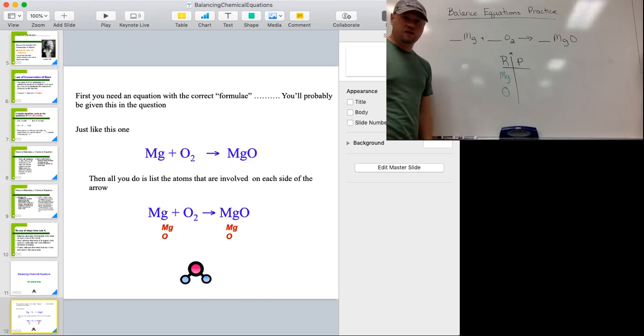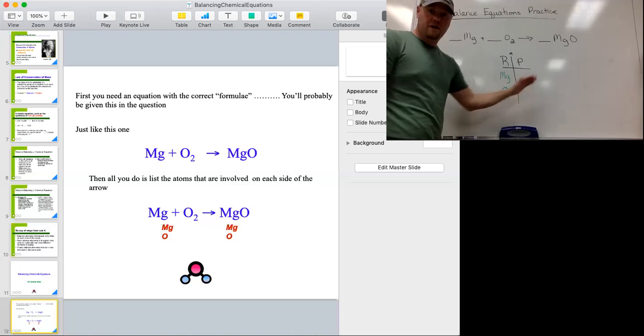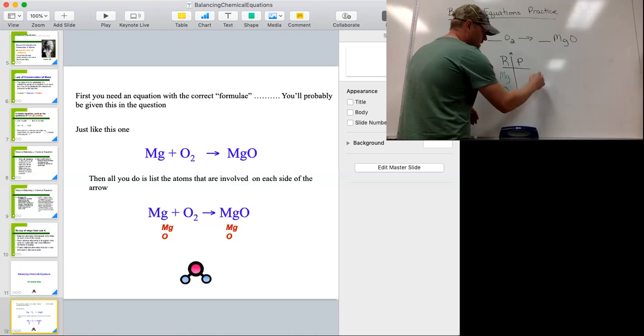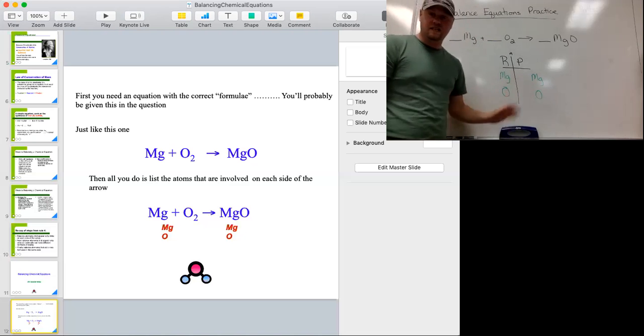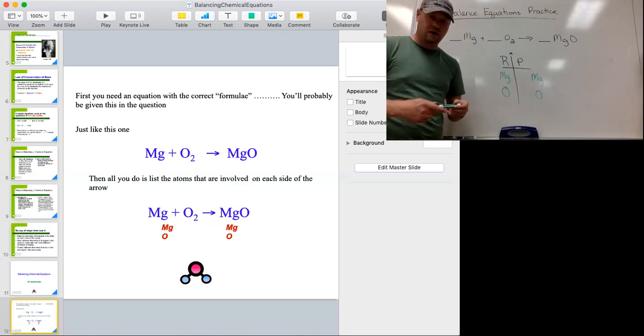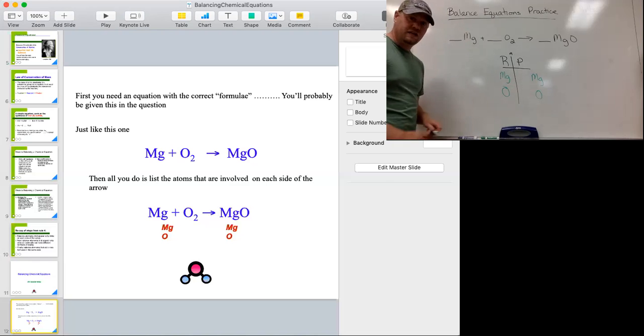As we work through this, whatever reactants we have, those things are going to be found over here as well. So I'm going to go ahead and notice that I left a little bit of space here, and that's because I'm going to be writing some numbers next to these, and I'm going to show you guys how we balance this out, okay?